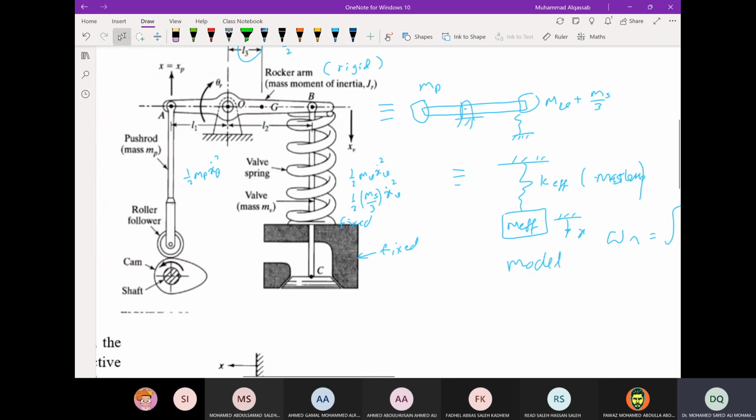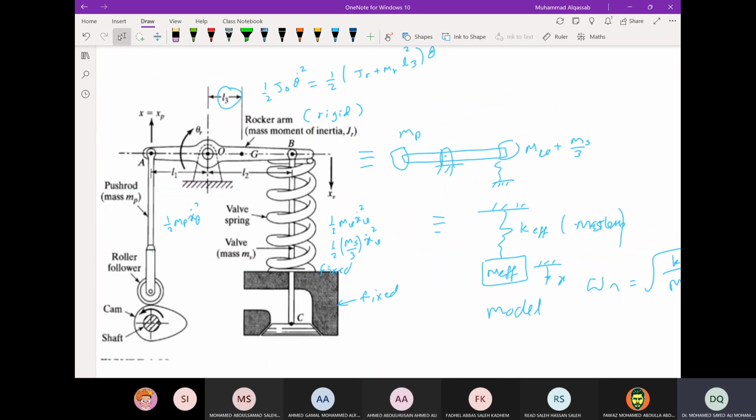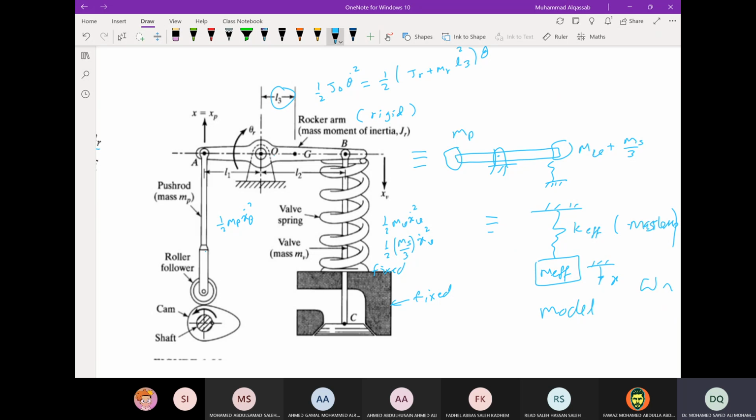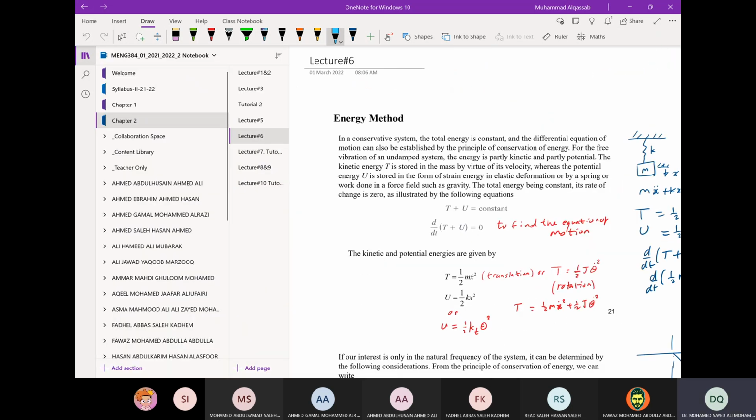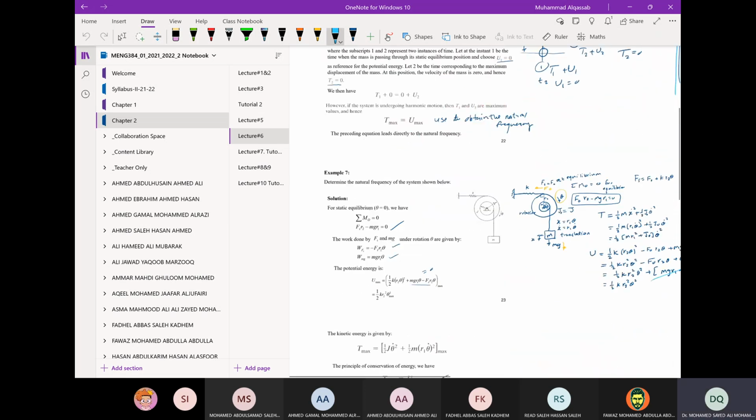So the other thing we need to find is the relationship between the motions x and x, v and theta. And I think we did this in one of the examples. Here.